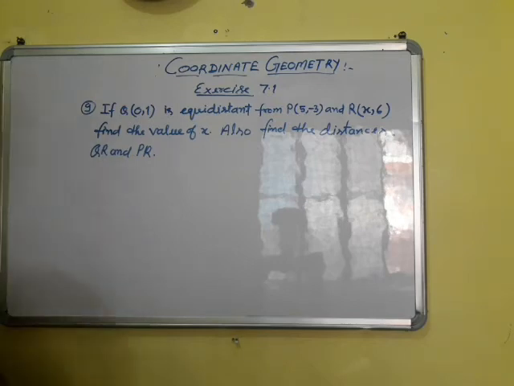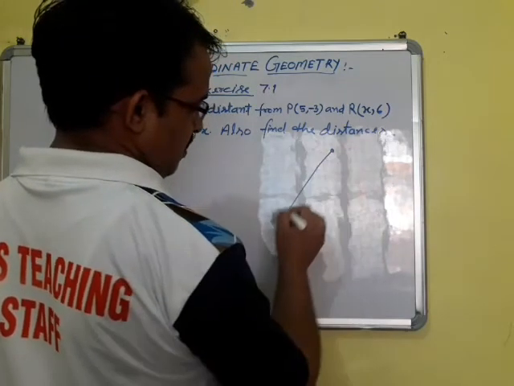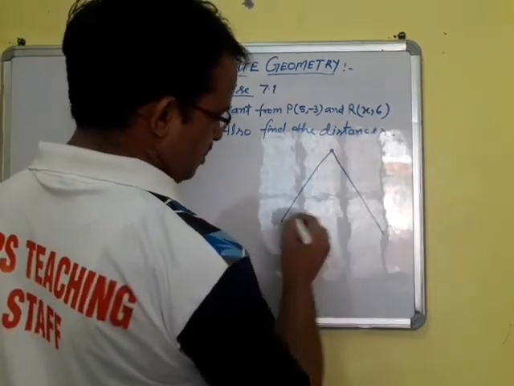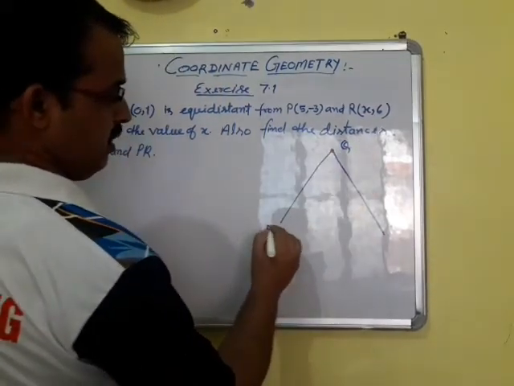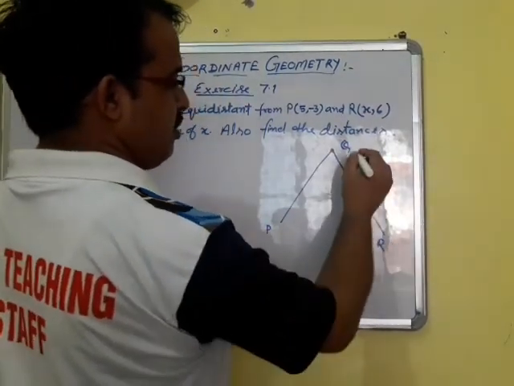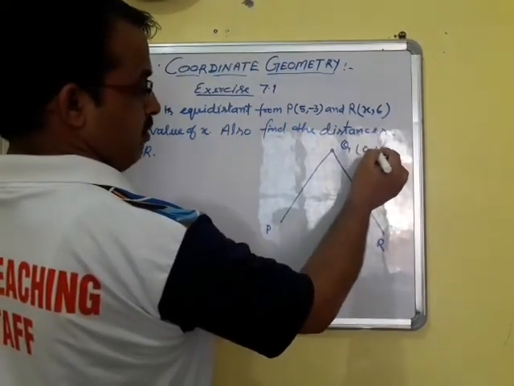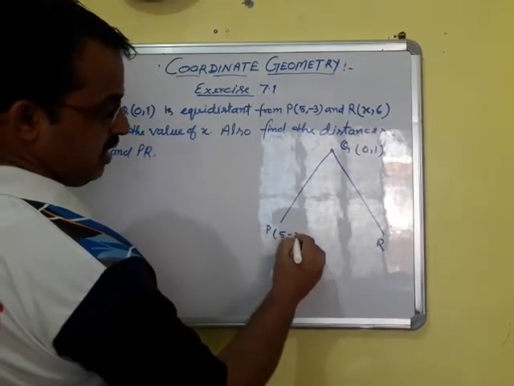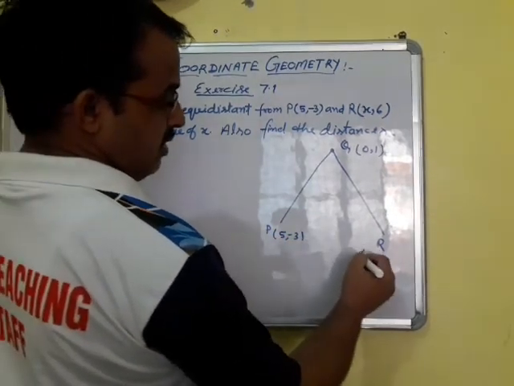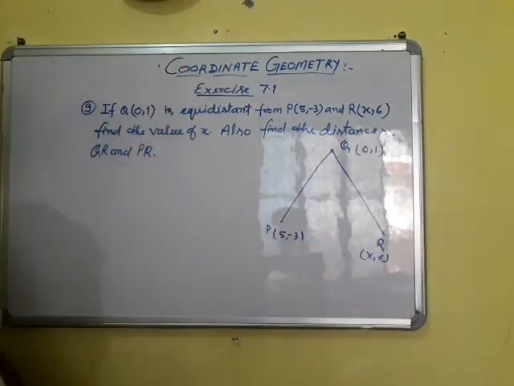Here we are given the points Q, P, R. Q's coordinates are (0, 1), P's coordinates are (5, -3), and R's coordinates are (x, 6).